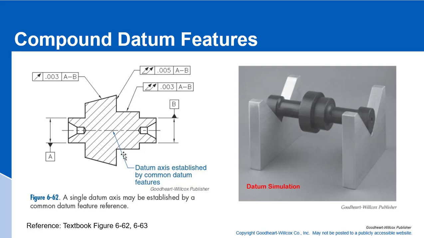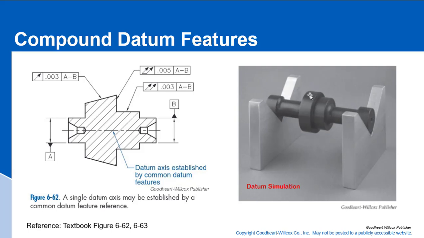In this case we have this part. It has two centers on it, datum A on one end, datum B on the other end. These two are features of size. How would we simulate that? We would simulate that with two identical V blocks that pick up these two datum axes of the part.